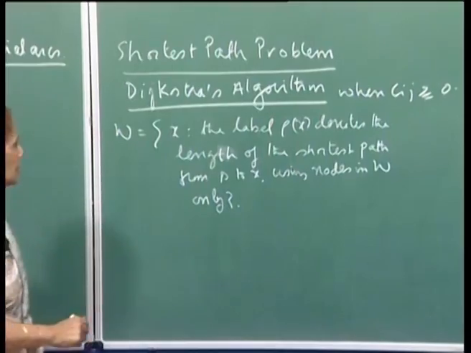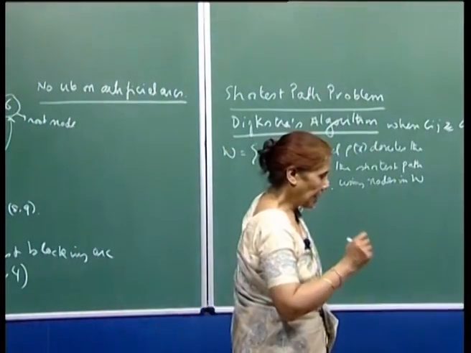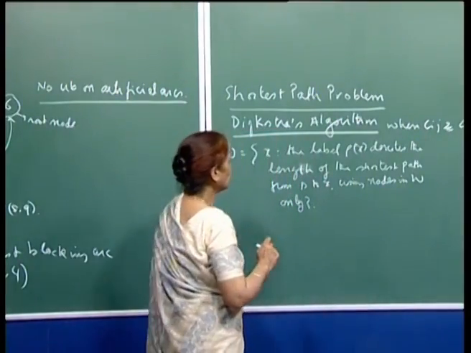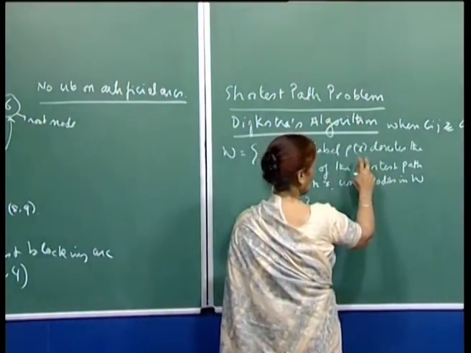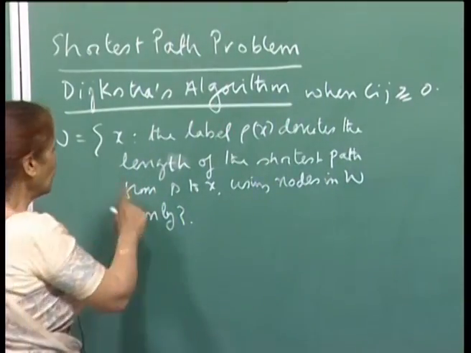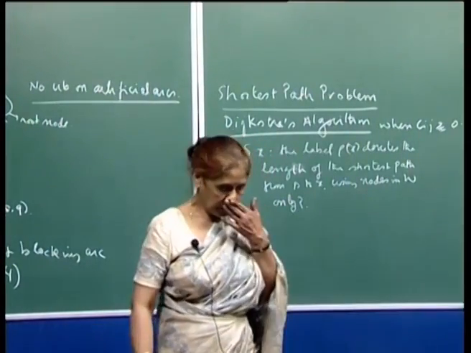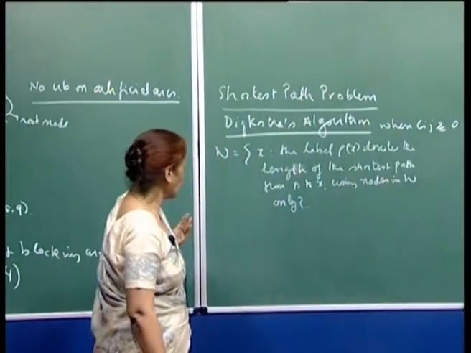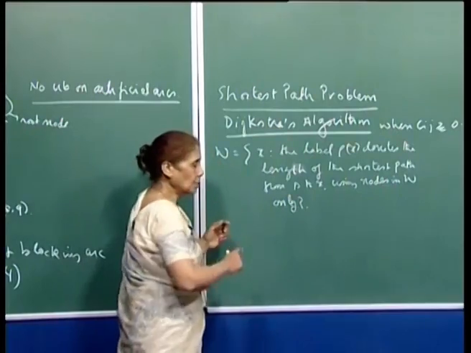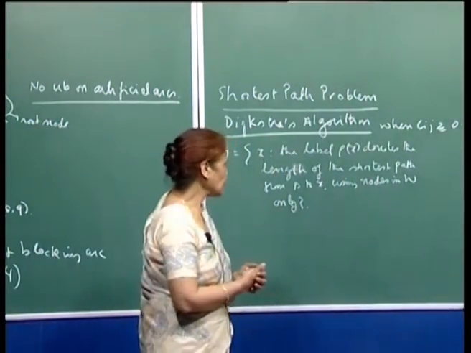So, let me define W as the set in which I keep adding those nodes for which I have the length of the shortest path from S to that node using only the nodes in W, and that label I will call rho X. I will constantly go on building my set W, and the moment T belongs to W, I have found the shortest path from S to T.